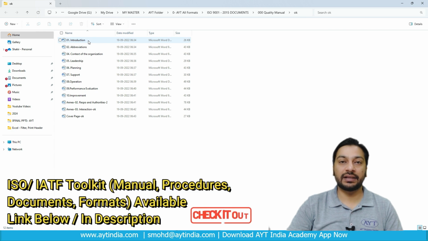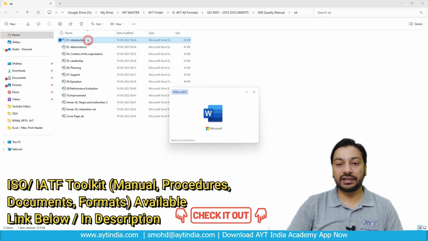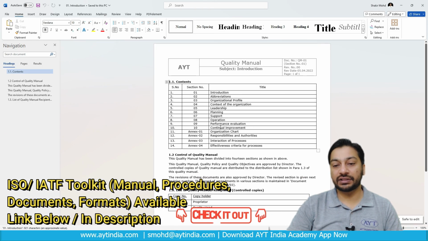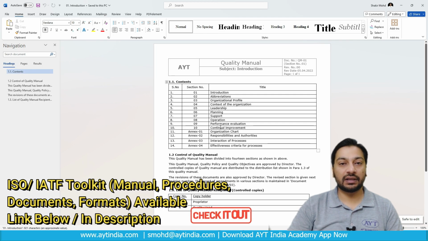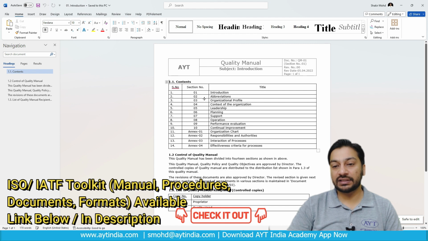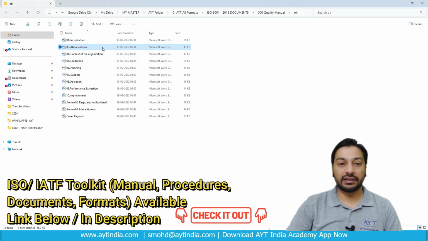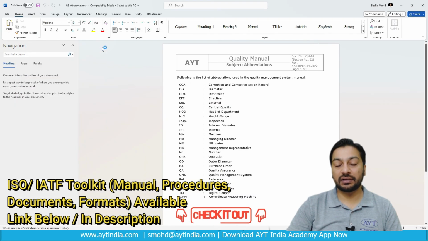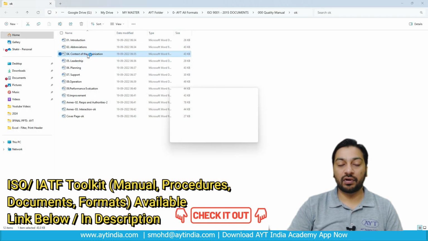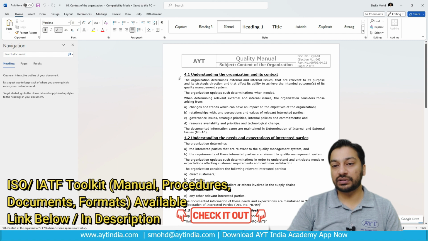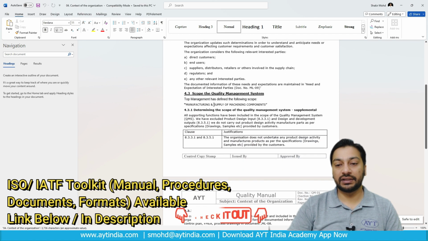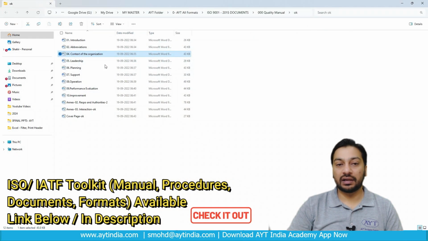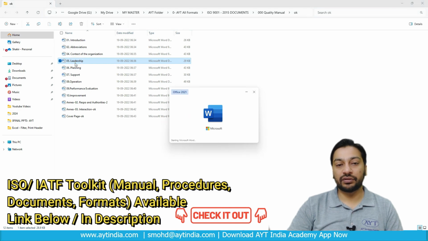As we open one of our ISO manuals, first comes our introduction. Then what is the context of our organization, and then leadership.